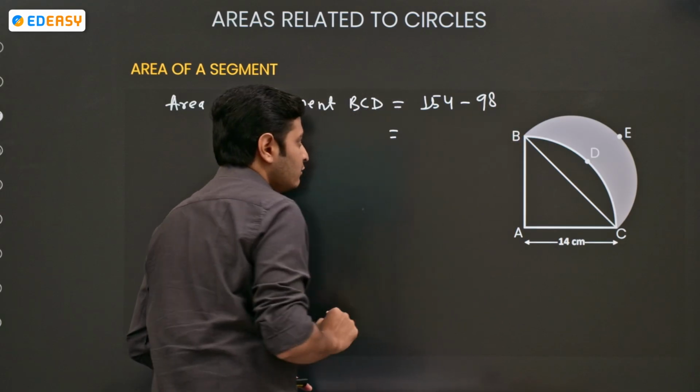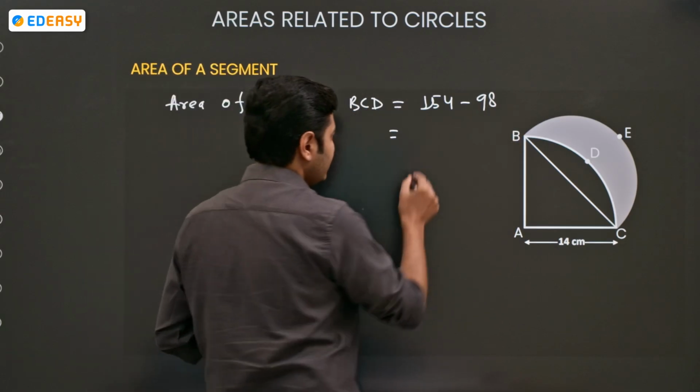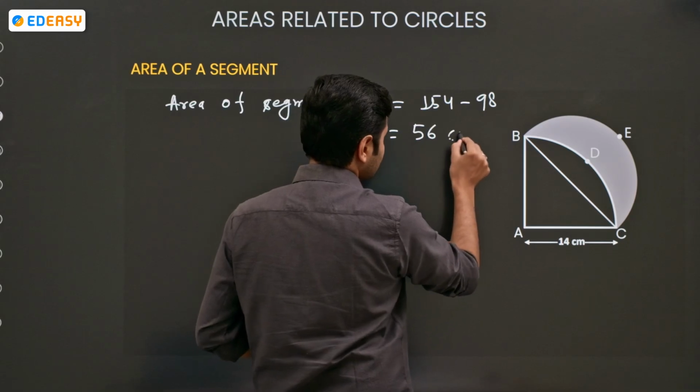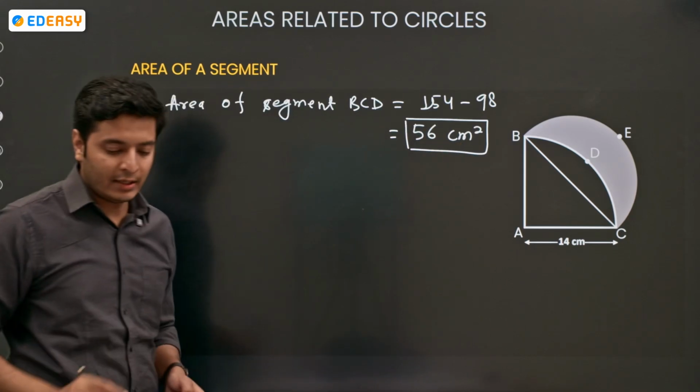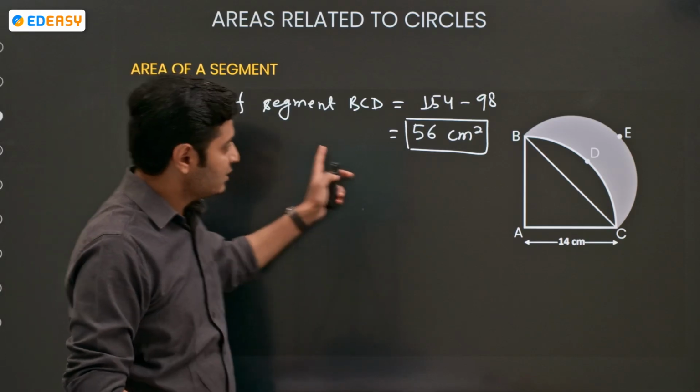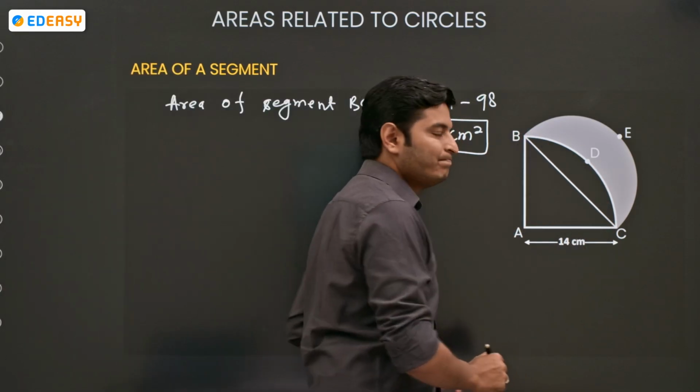So what is 154 minus 98? 56 centimeter square. This is the area of this segment BCD.